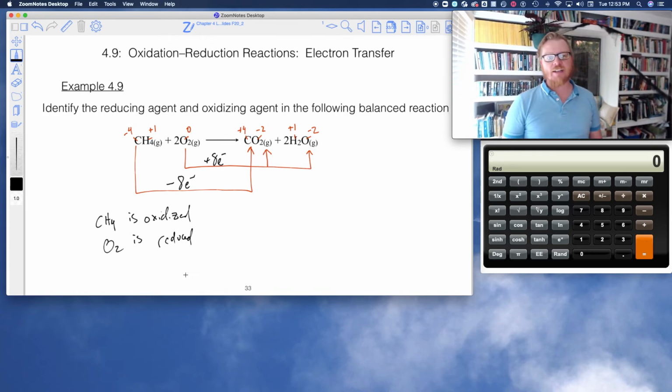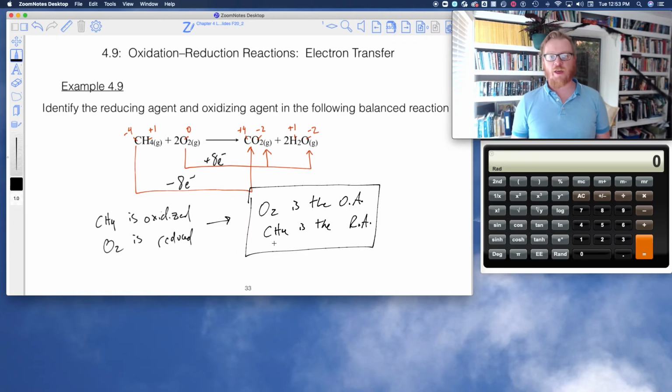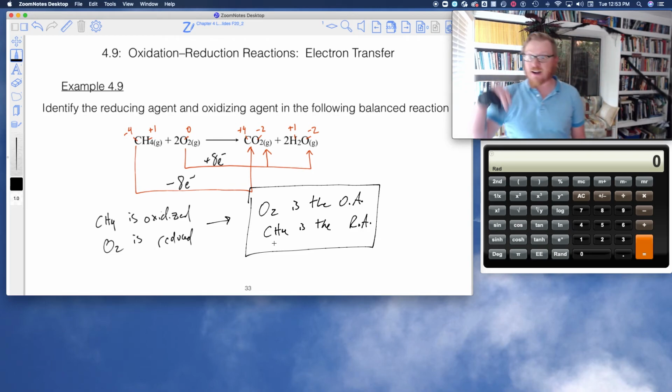Okay, so if methane is oxidized and O2 is reduced, that means O2 is the oxidizing agent and methane is the reducing agent.